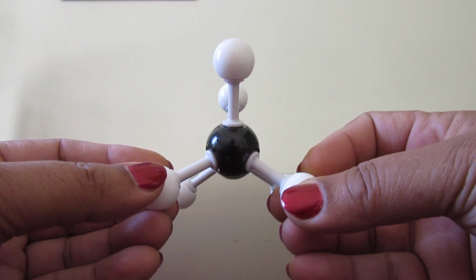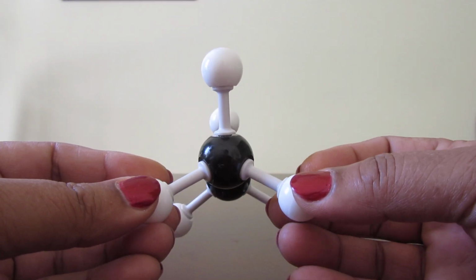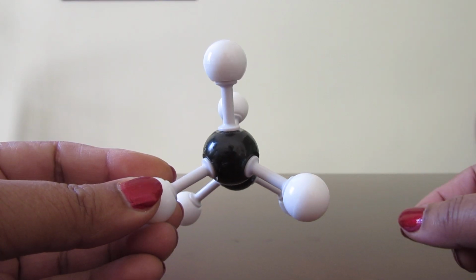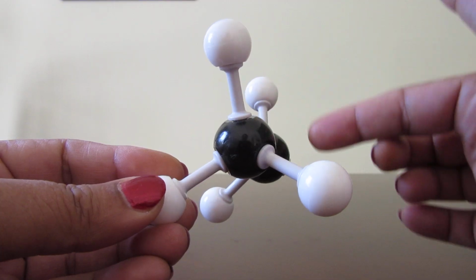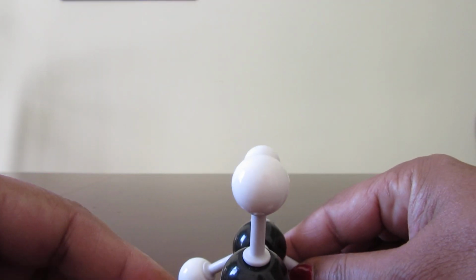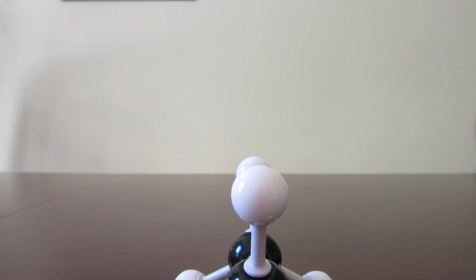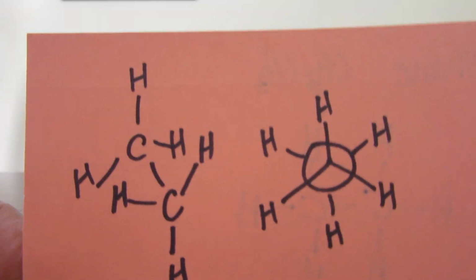Now the thing about a Newman projection is that you look at two carbons at a time. When you look at two carbons at a time, you have a front carbon and a back carbon. So how do you draw those out? You draw them like this.